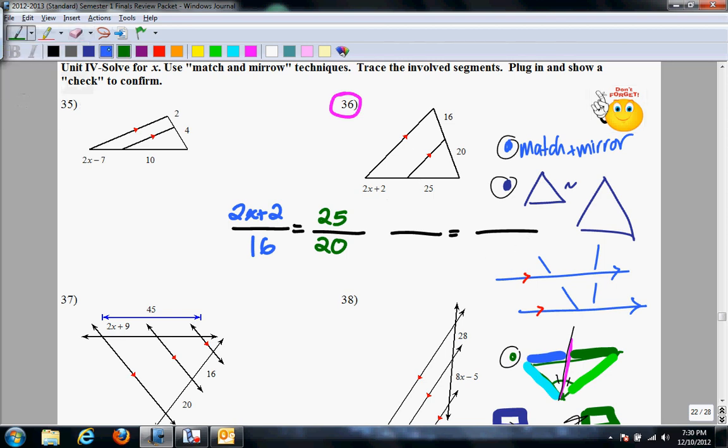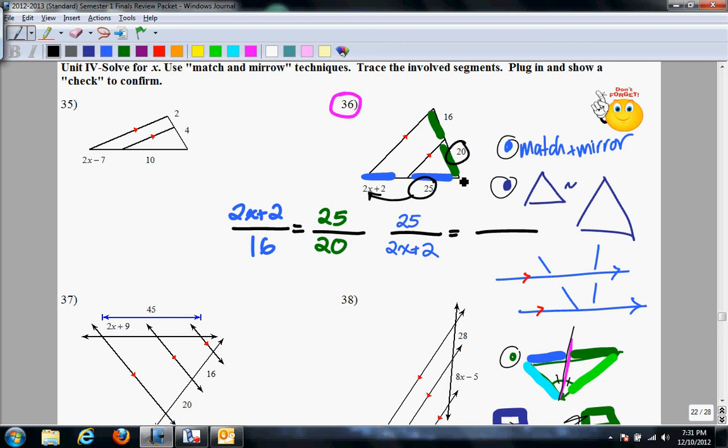I can see these as a match this way, and then these as a match this way. Both work. I could go 25 over 2x plus 2, and then I have to follow the same direction.